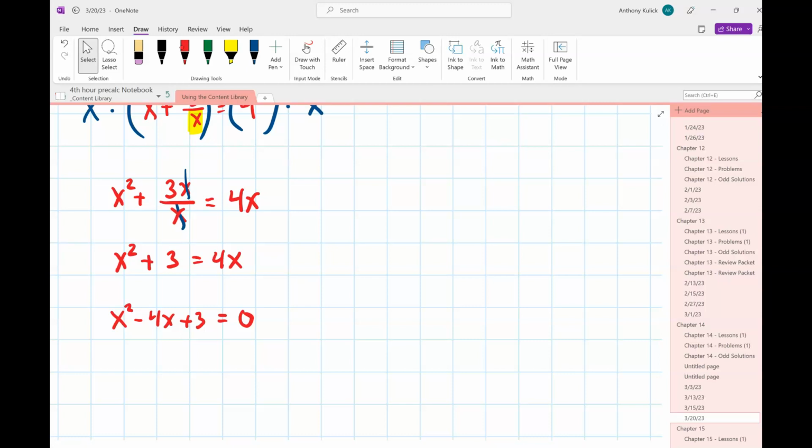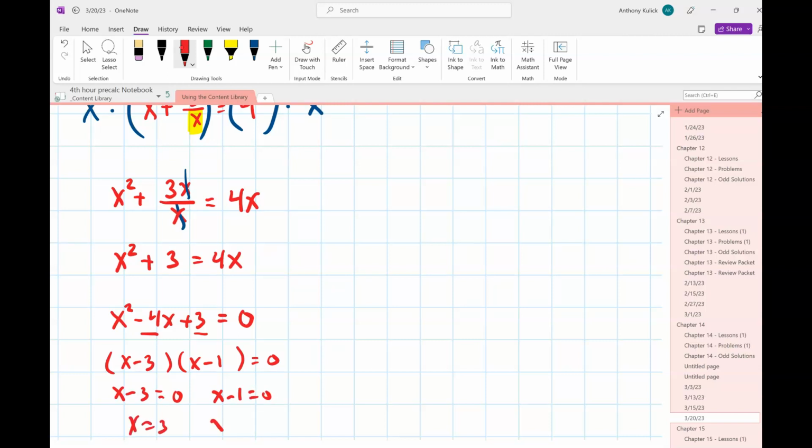To factor this, we need to find 2 things that multiply to give us positive 3 and add to give us negative 4. Negative 3 and negative 1 are correct. So I can then set those factors equal to 0 and solve. Is everybody okay there?